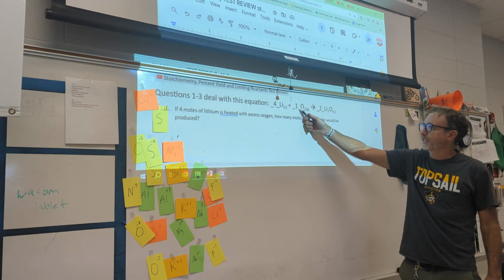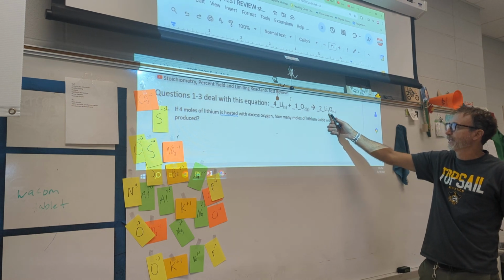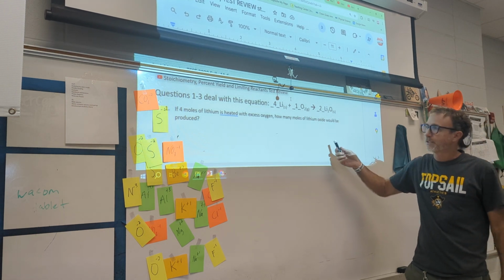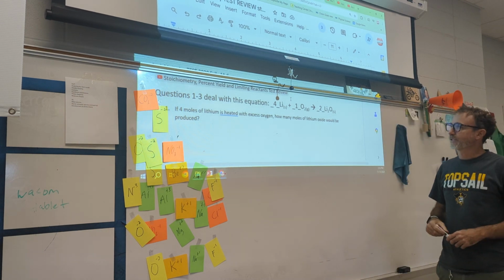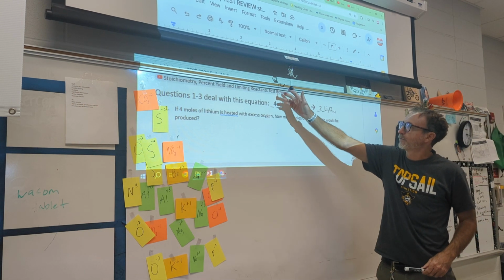4 lithium atoms and an oxygen molecule combine to make lithium oxide solid, all right? If 4 moles of lithium is heated, well, we already have 4.